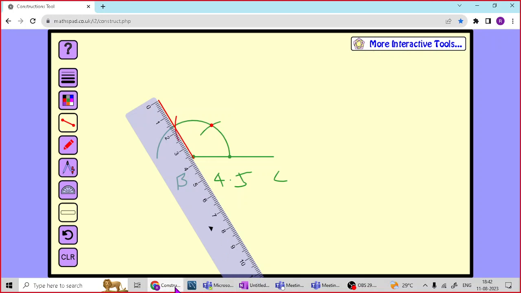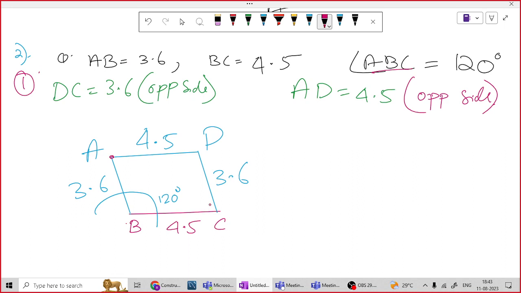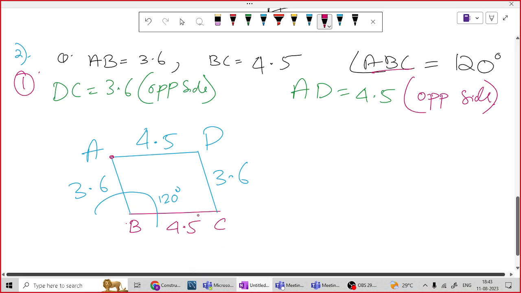After this, which angle should I construct? Can you see B, C and D? What's the value of C and D? 3.6. Is any angle given on C? No, sir.